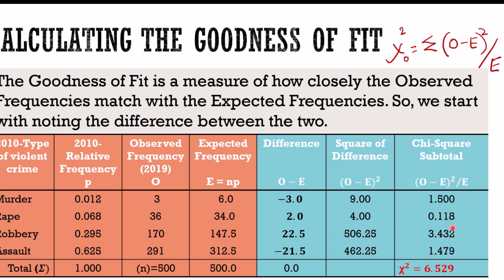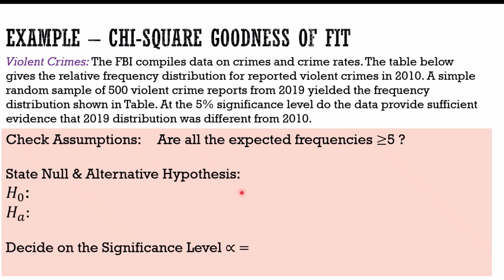So that's the final column, which is O minus E squared divided by E. So in this last column, we are essentially dividing this O minus E whole squared from the previous column with the corresponding expected frequency values for each category. And finally, we will sum up all the values in this last column, and that is going to give us our test statistic value of 6.529. Right? Now at this point, we are going to complete the different steps of the goodness of fit test.